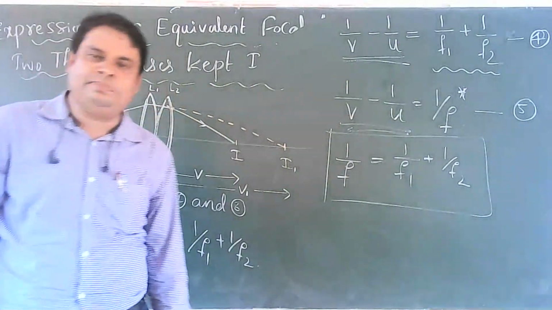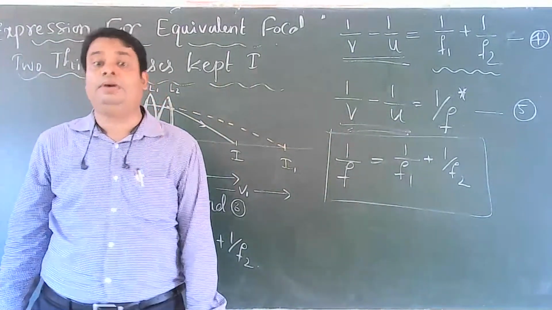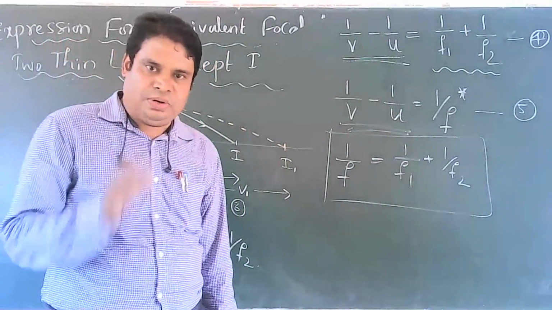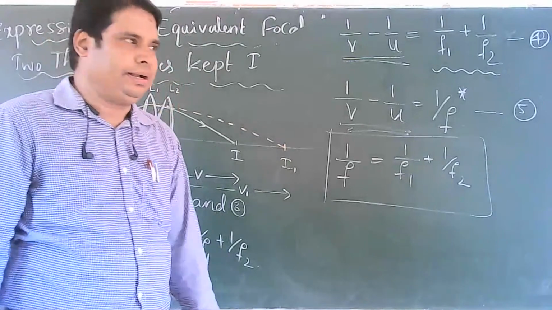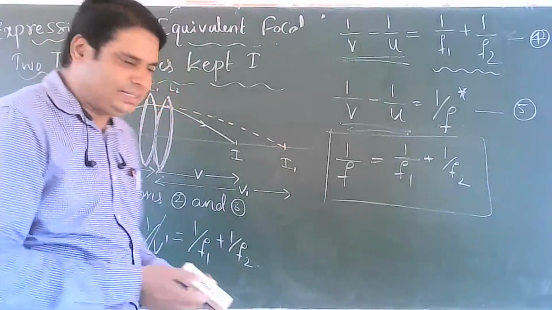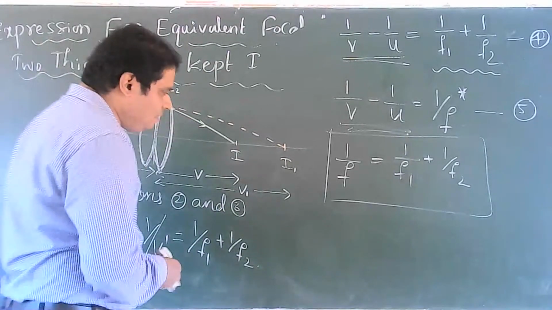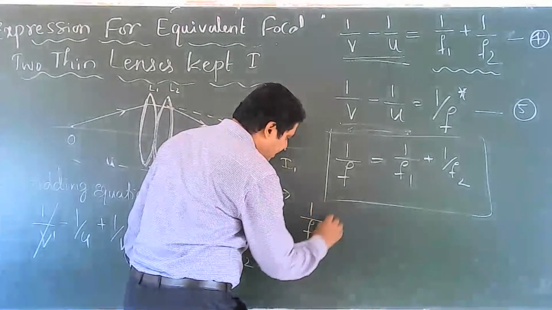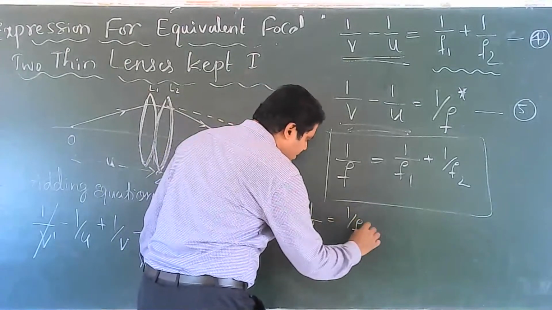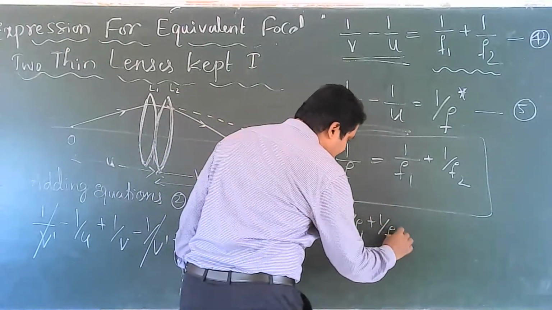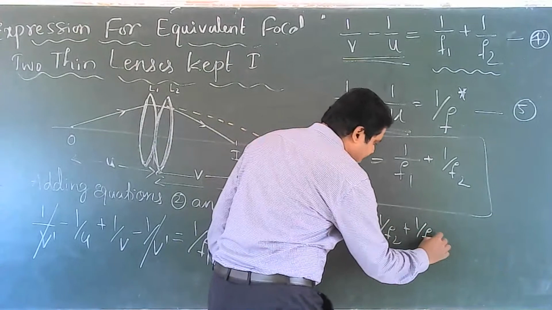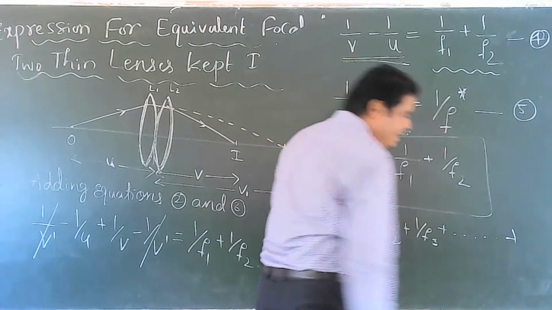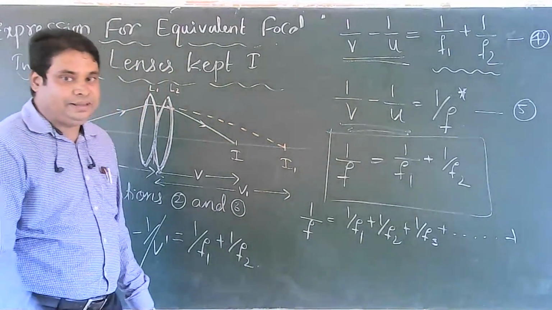This is the required equation, very simple equation, for equivalent focal length of two thin lenses kept in contact. We can extend this, so I write 1 by f is equal to 1 by f1 plus 1 by f2 plus 1 by f3, plus up to n number.